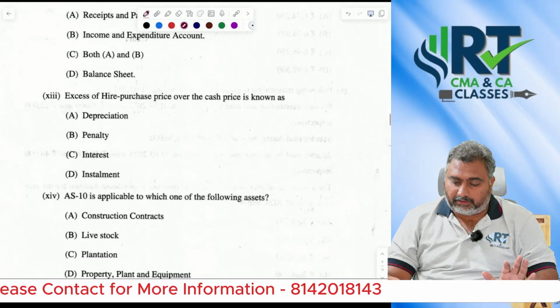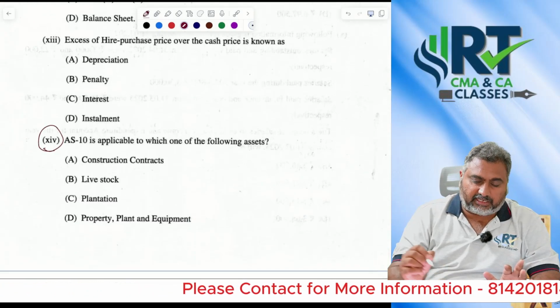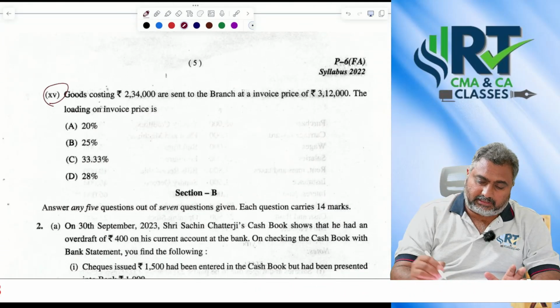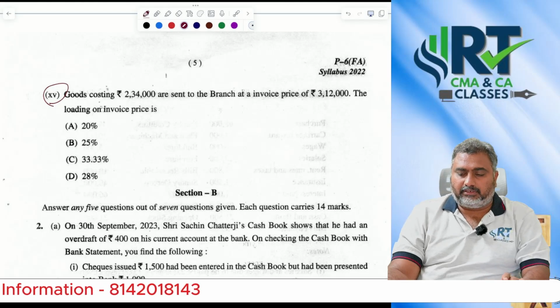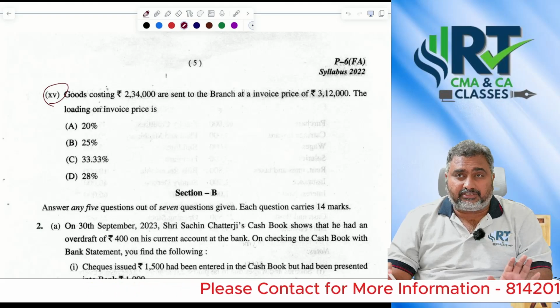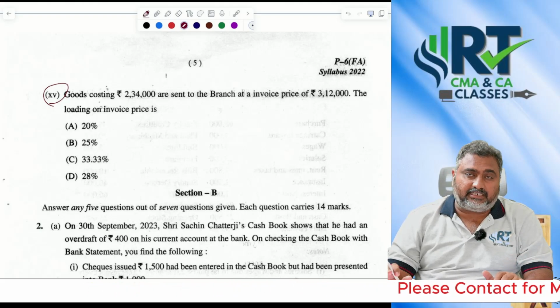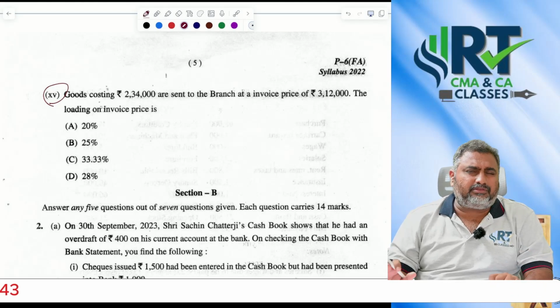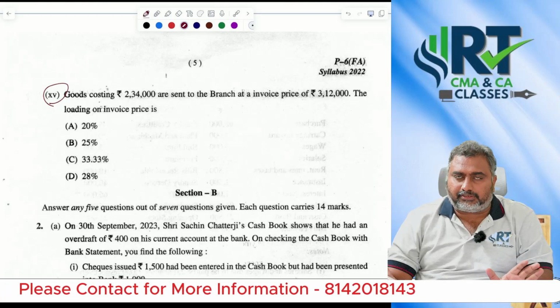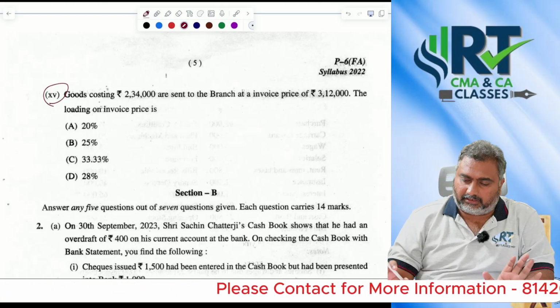Hire purchase has 1 MCQ, accounting standards has 1 MCQ, as well as how much the goods invoice is, from the branch point of view. That's what I said: they can ask MCQs from each and every chapter, but they are not twisting them much, it is at student level itself.